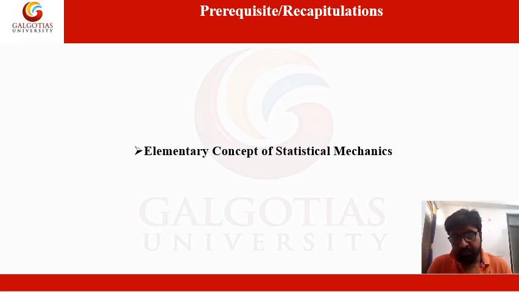So the basic theme of statistical mechanics is that it connects the macroscopic world with the microscopic world. Whatever is happening in the macroscopic world, especially for thermodynamic variables, it would be advocated by microscopic dynamics or microscopic mechanics.